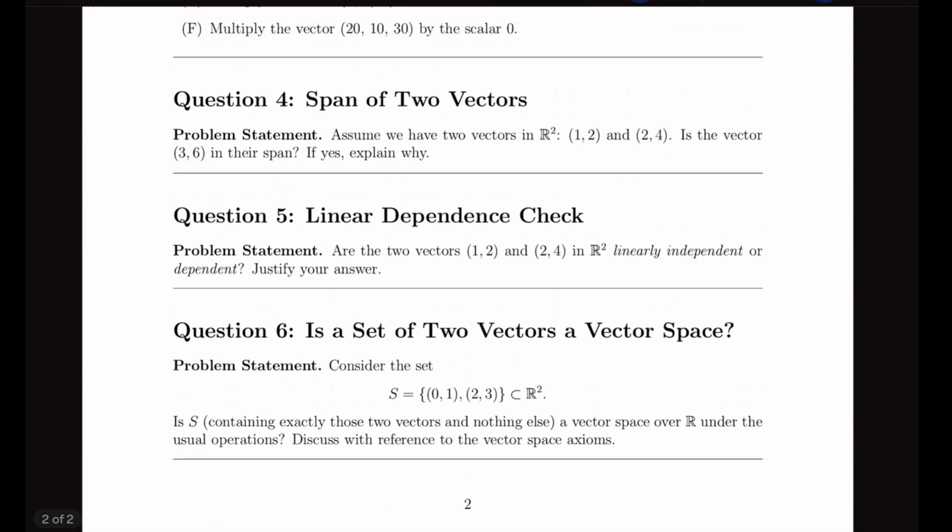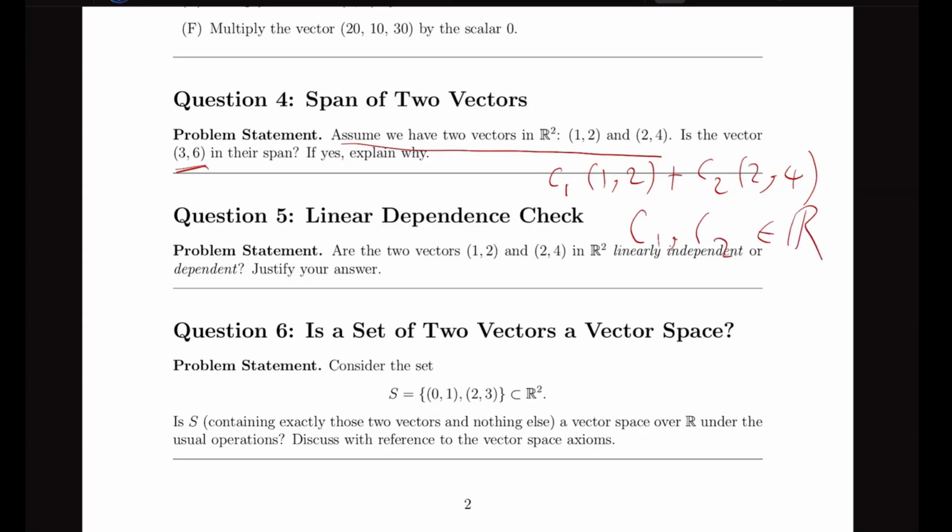Okay. Span of two vectors. The question is very simple. Assume we have these two vectors. Is this vector in their span or not? Okay, what was the span? The span was C1 times (1, 2) plus C2 times (2, 4), where C1 and C2 belong to R. So if that vector belongs to that span, it should be equal to (3, 6).